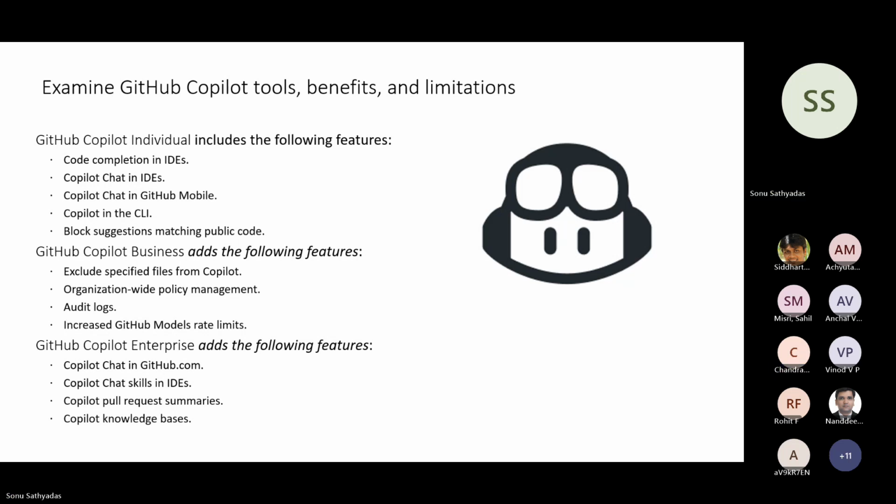Now, starting with the GitHub Copilot features, you have the GitHub Copilot individual plan, which gives you the basic features, now available as free also. So you can use GitHub Copilot code completions. You can use the GitHub Copilot chat options or agents, and also the GitHub Copilot CLI, which can be used in your command line interface to get help on using commands.